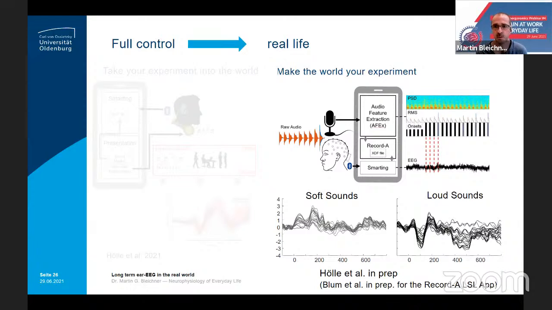This setup then allows us, for example, to evaluate the ERPs in response to naturally occurring sounds in an office space. Below you can see the single-subject ERP response to office sounds: on the left side, ERPs in response to soft sounds, as determined using the RMS value of our app, and on the right side, an ERP response to loud sounds.